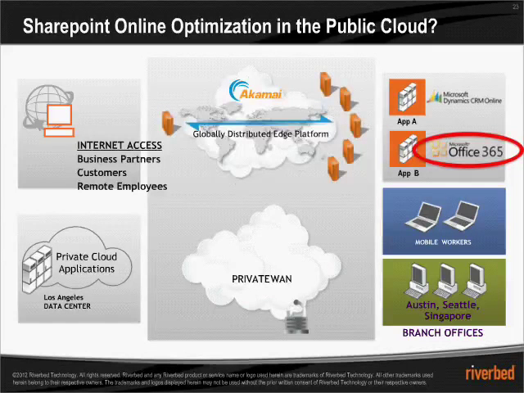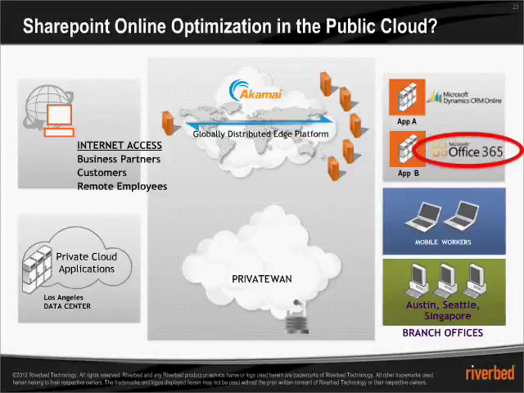And what we've done really is to get better optimization in these environments, we've partnered up with a company called Akamai. Akamai is one of those content delivery network type of companies, but they also have some advantages here that fit very nicely with what Riverbed's doing on the Steelhead side. And part of that is their ability to find the fastest route across the network.